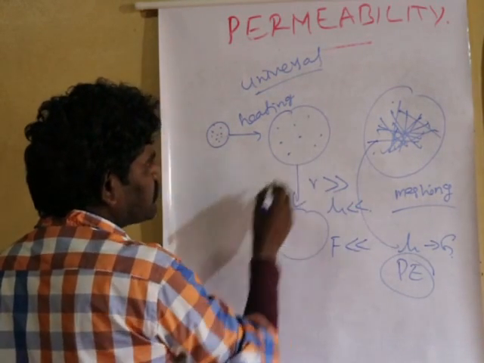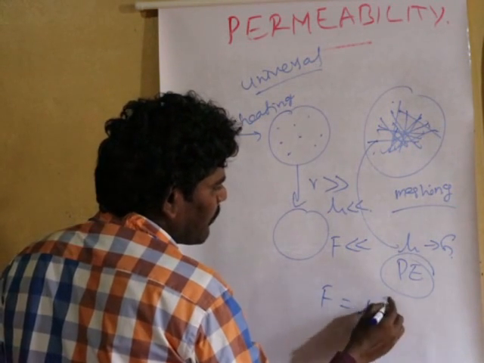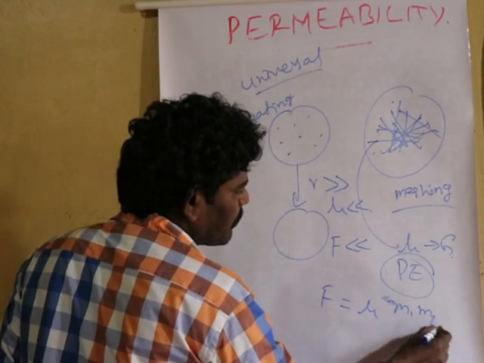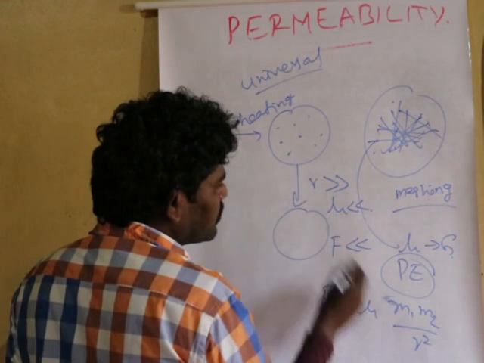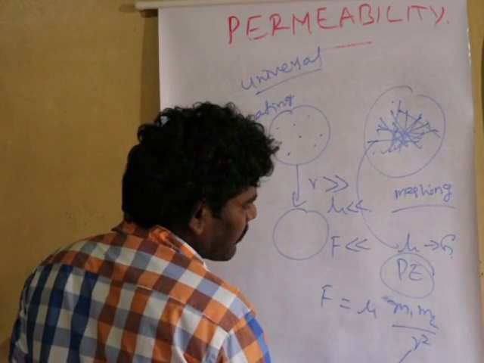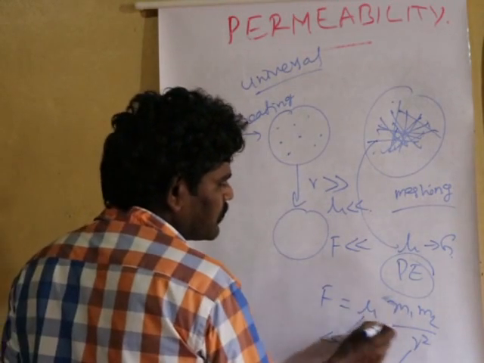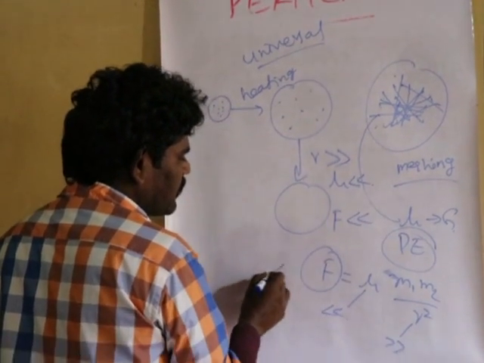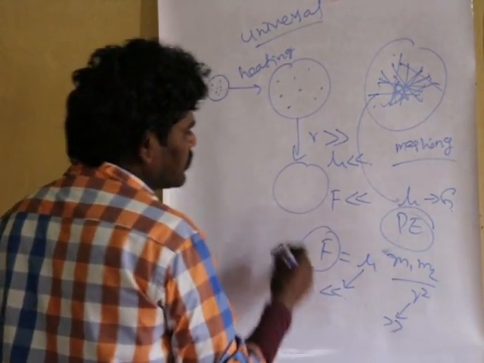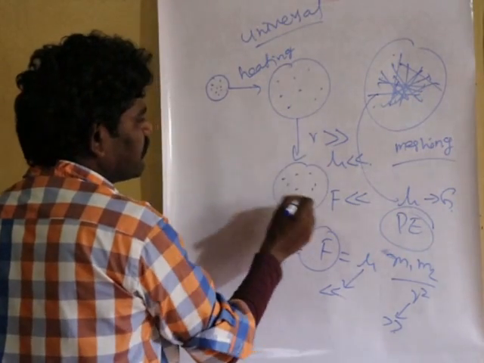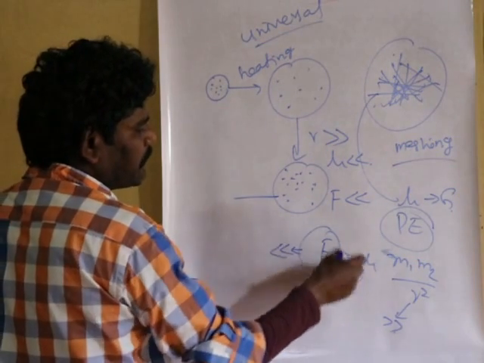So when R is raised, since F is equal to mu into m1 m2 by R square, when R increases and mu is reduced, F will be reduced. When F is reduced, the permeability will be reduced.